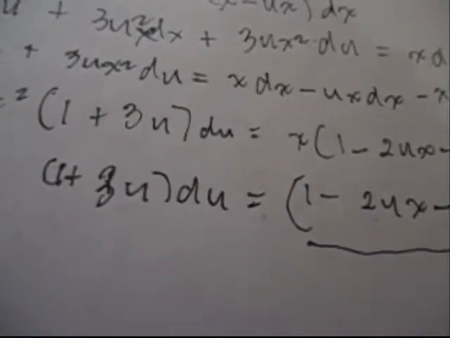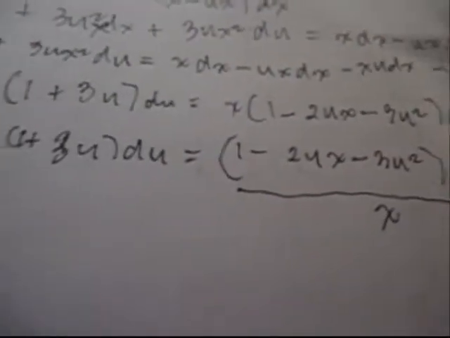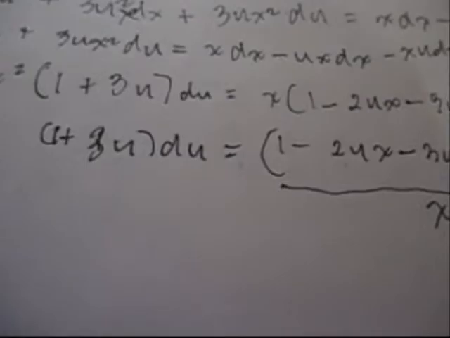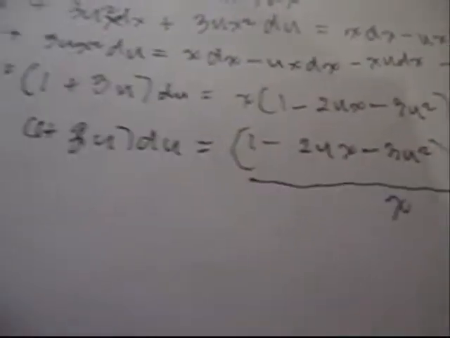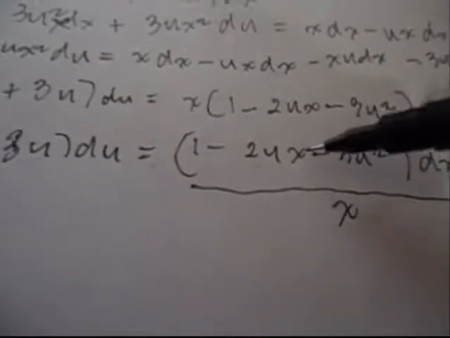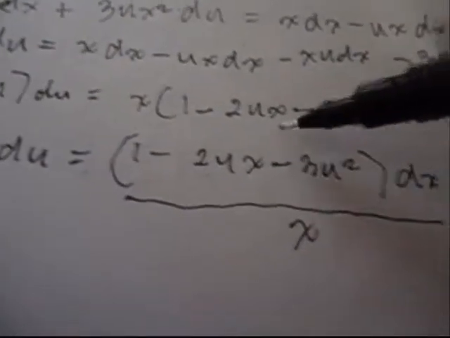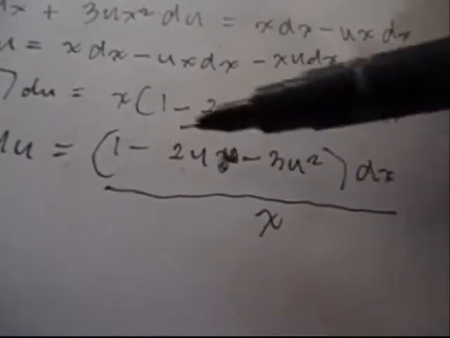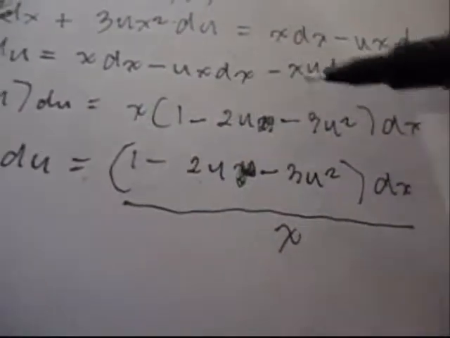Then after doing that, we have attained a separable differential equation. So we will divide both sides by 1 minus 2u minus 3u squared.